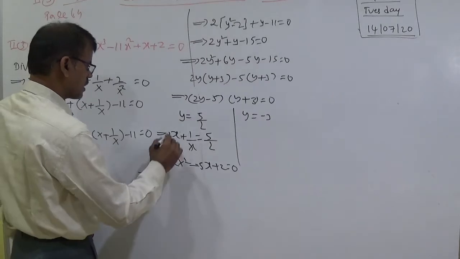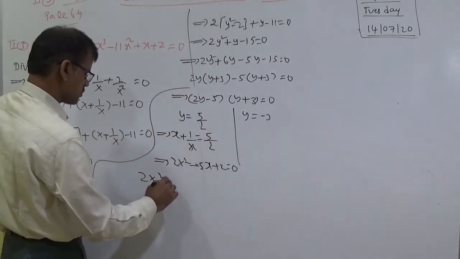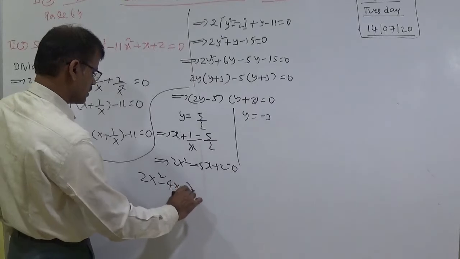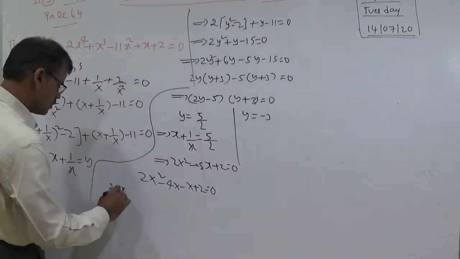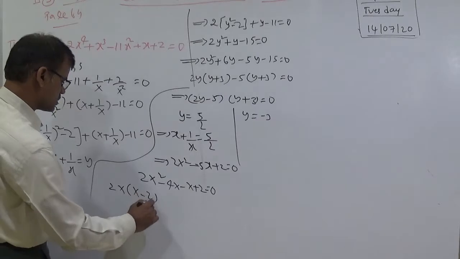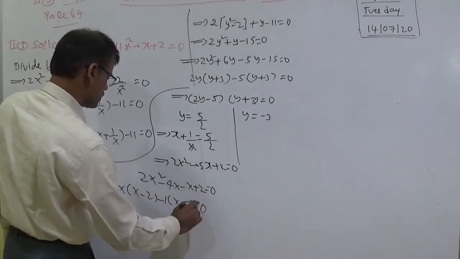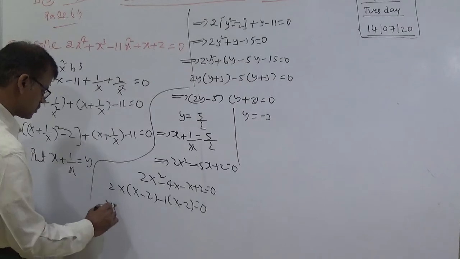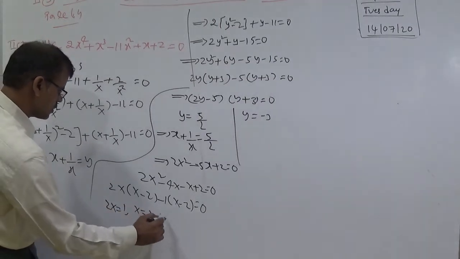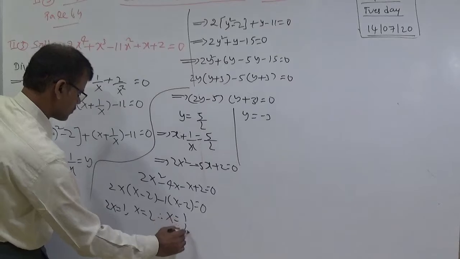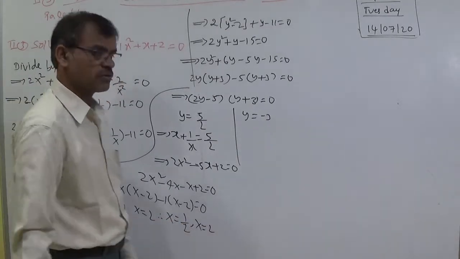By the splitting the middle term concept, we can write 2x square minus 4x minus x plus 2 is equal to 0. 2x taken common, this is x minus 2, and here minus 1 taken common, x minus 2 equal to 0. So 2x minus 1 is equal to 0, x minus 2 is equal to 0. Therefore x is equal to 1 by 2, x is equal to 2.